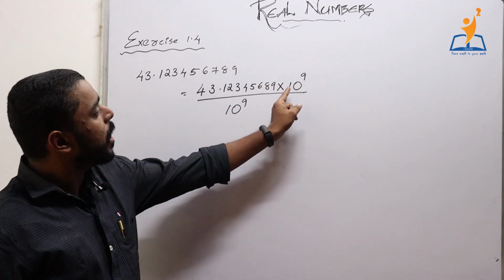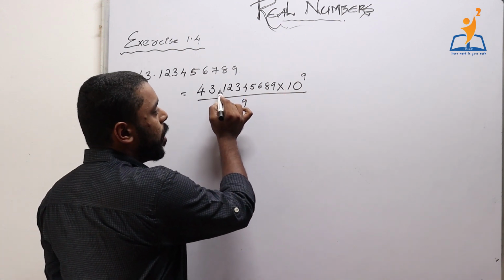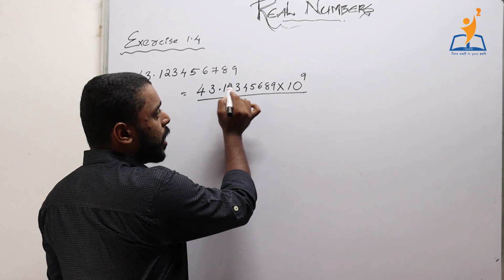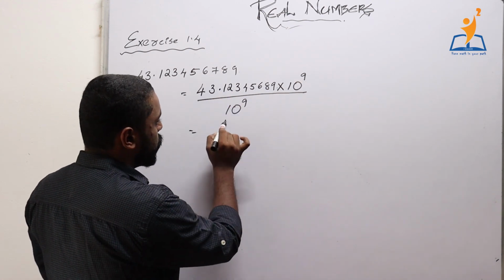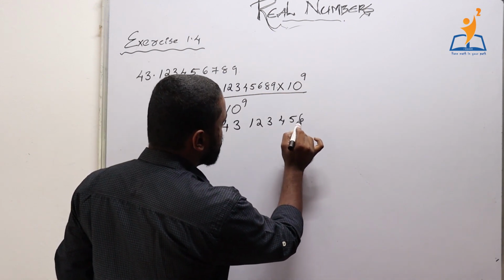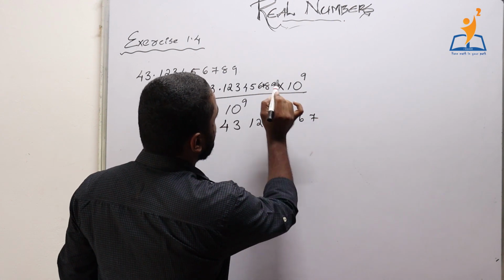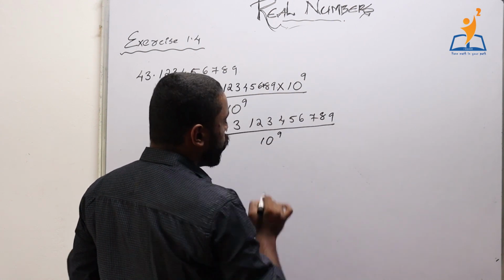And when we multiply these two terms, what will happen? The point will shift from here to here, since 10 raised to 9 has 9 zeros. Therefore, it will be equal to 43, 1, 2, 3, 4, 5, 6, 7, 8, 9 divided by 10 raised to 9.